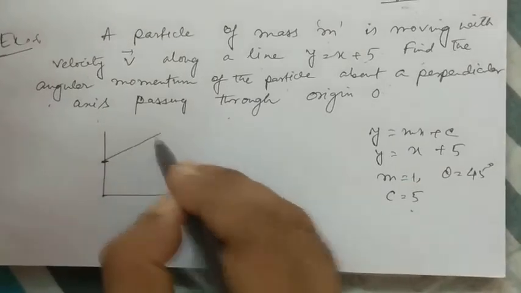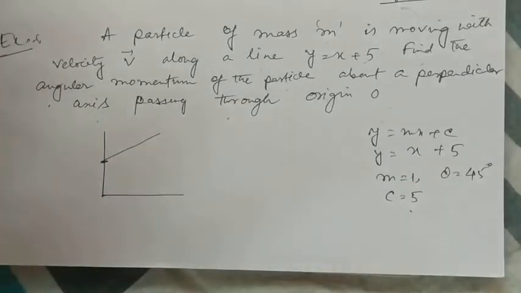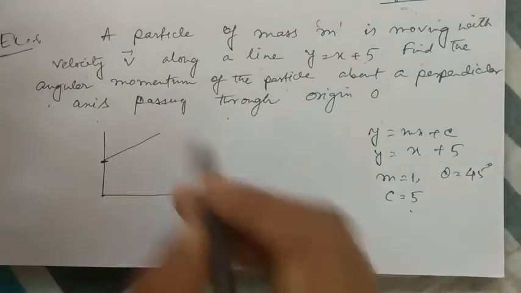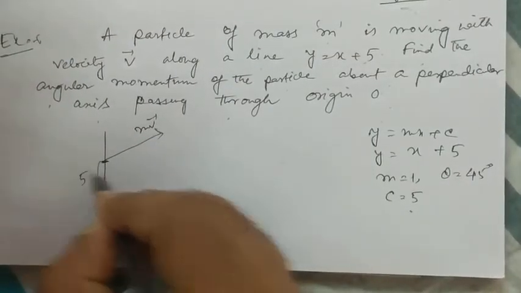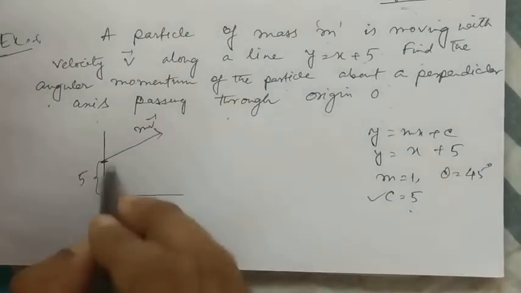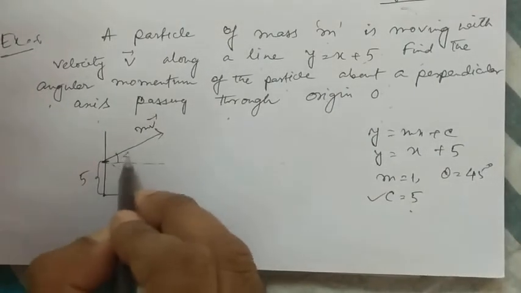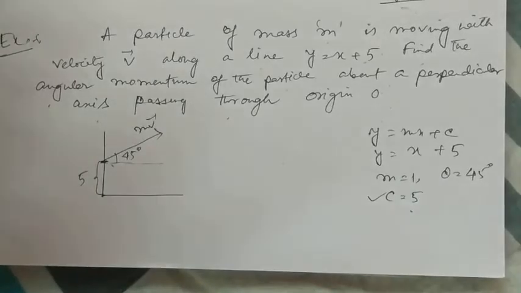So you can draw a straight line like this, the pathway of the particle. So you can write m v like this. This distance is 5 because c is 5. m is 1, that means this angle is 45.